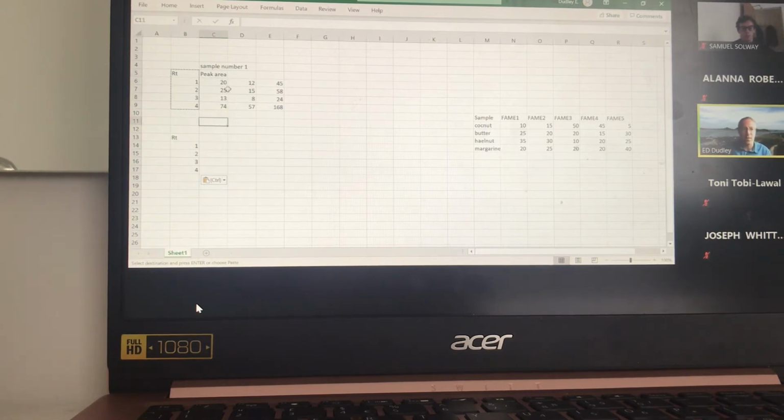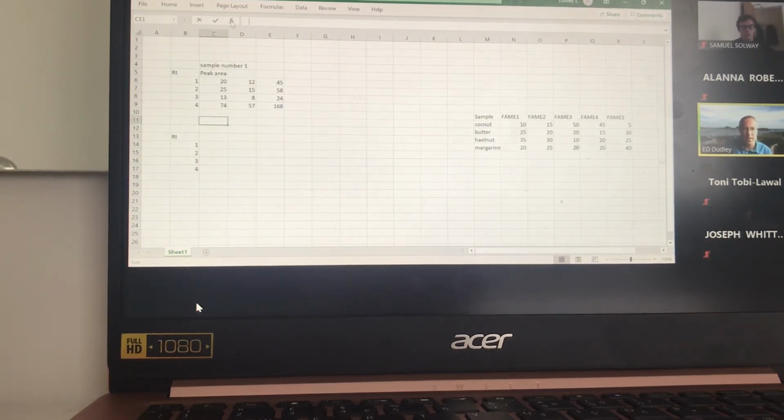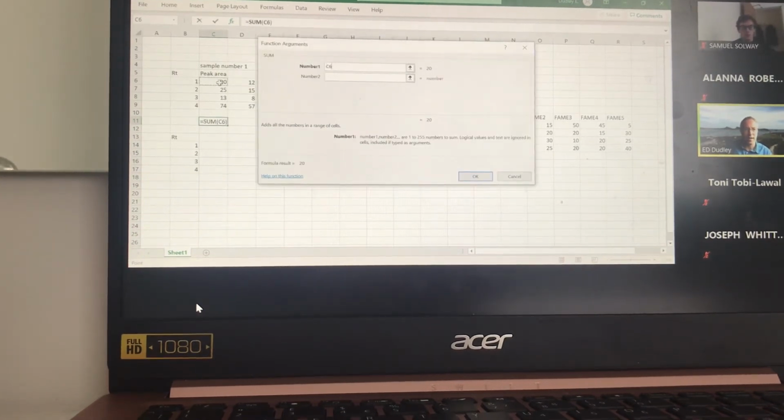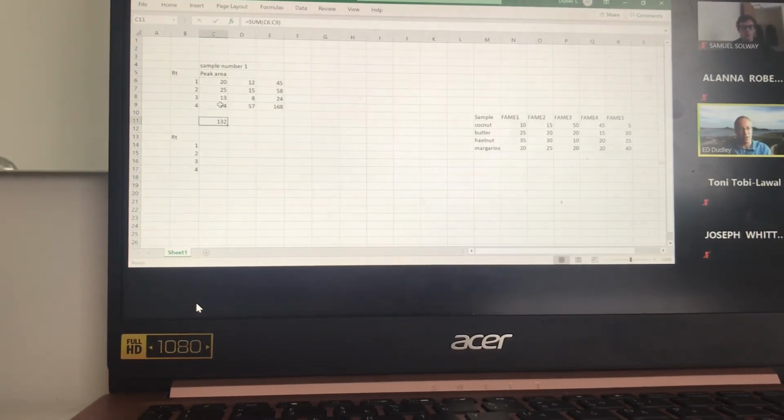And the easiest way of normalizing this data is to first of all work out the total peak area for each individual extraction. So add up all the peak areas for that extraction, add up all the peak areas for this extraction, and all the peak areas for this extraction, and report them.